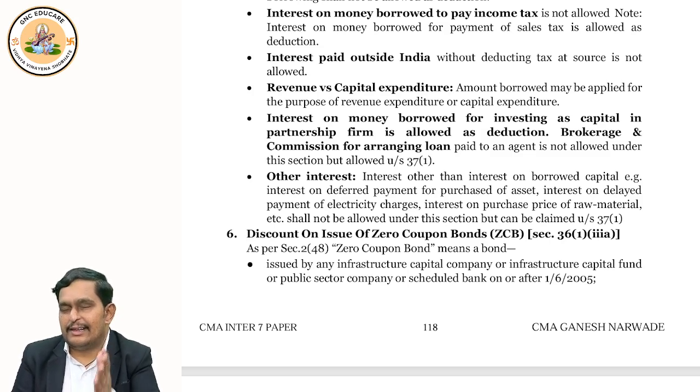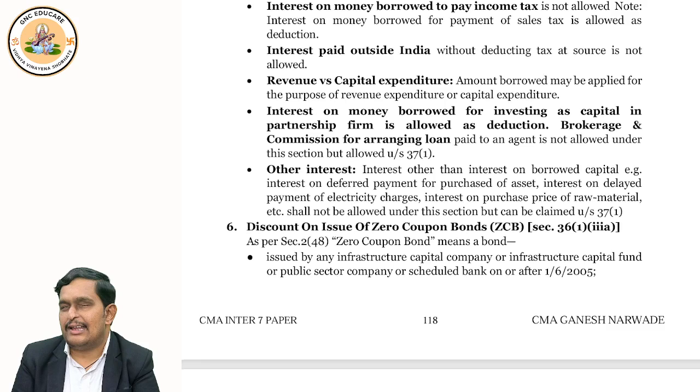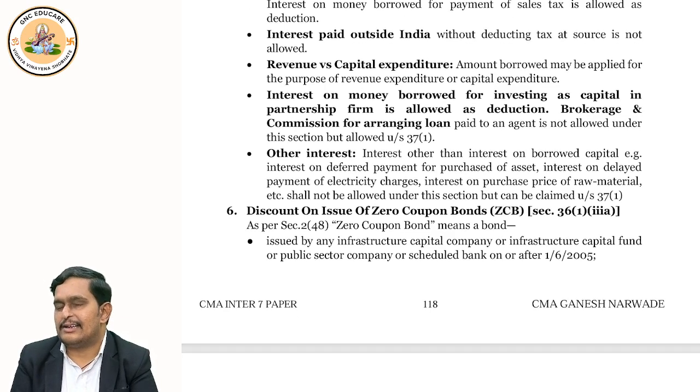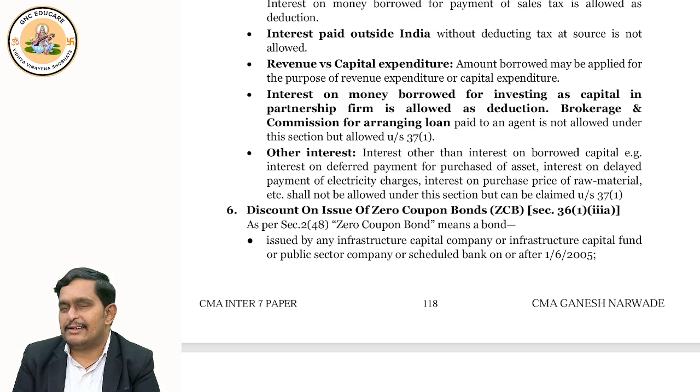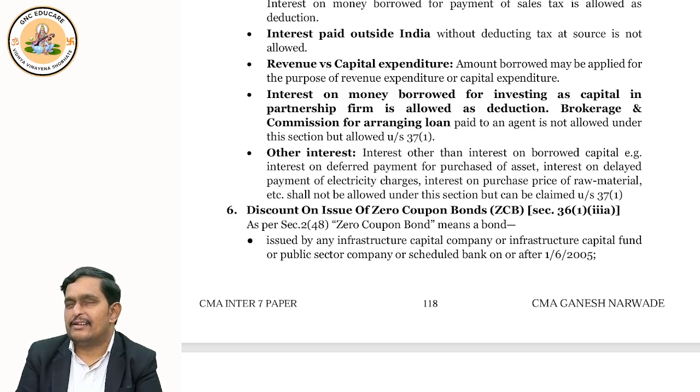In that case, whatever interest you are paying to the supplier or on the electricity bill is allowed as deduction, but not under section 36. Then where should it be deducted? It is treated as a general deduction under section 37.